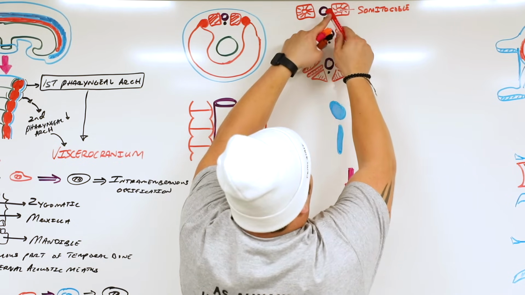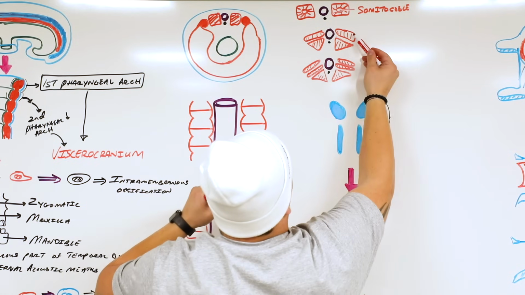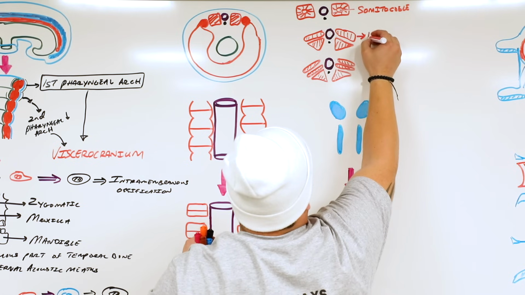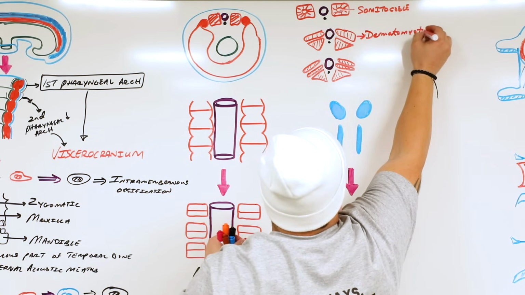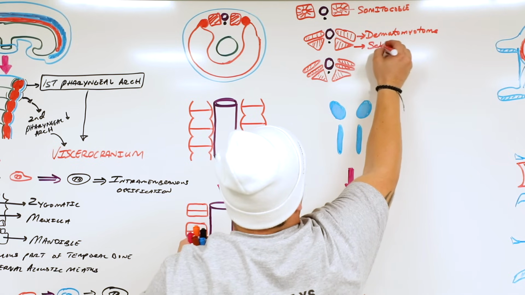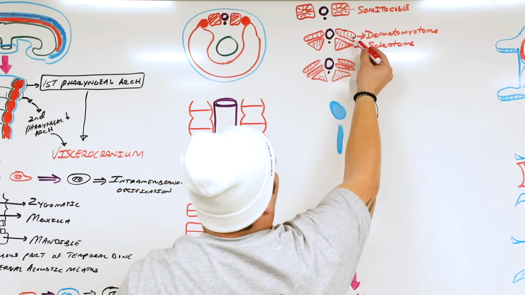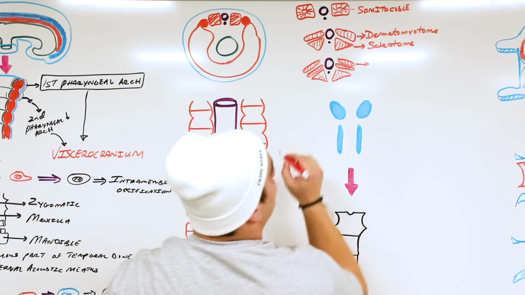And as it does, it cuts this actual somite into two chunks. One is a dorsal chunk and one is a ventral chunk. This dorsal chunk here is going to be what's called the dermatomyotome. And this ventral chunk here is going to be what's called the sclerotome. Then what happens is the dermatomyotome even cuts in half again and forms into two separate chunks.